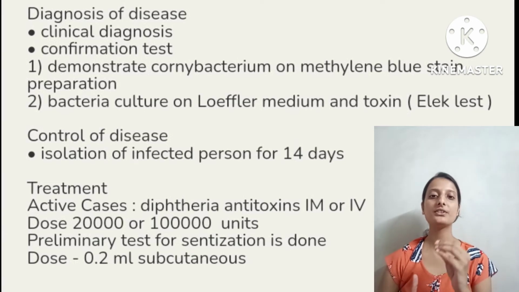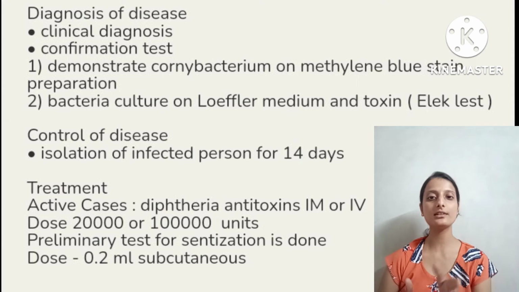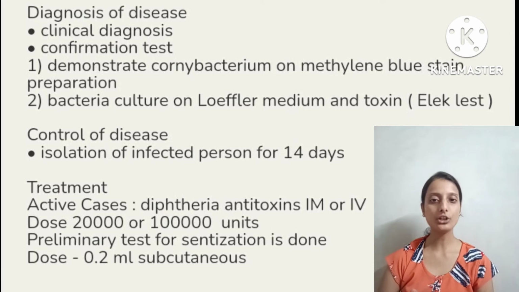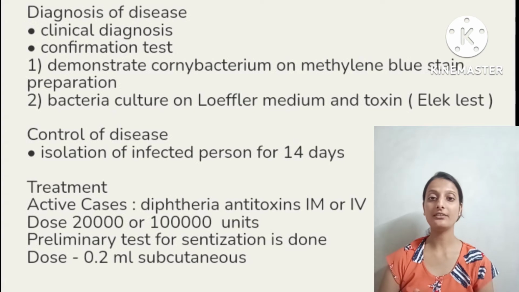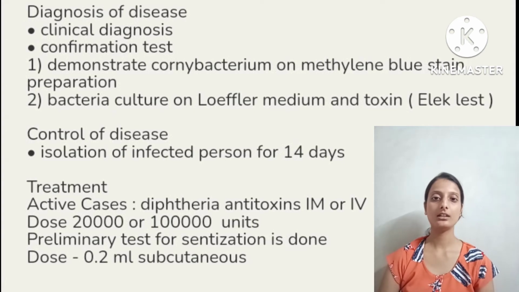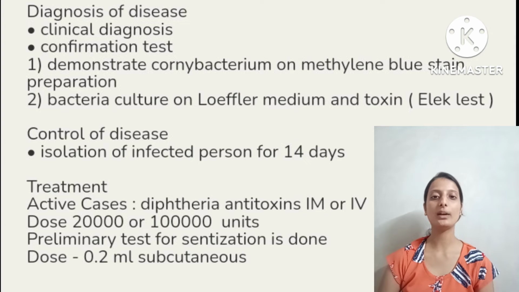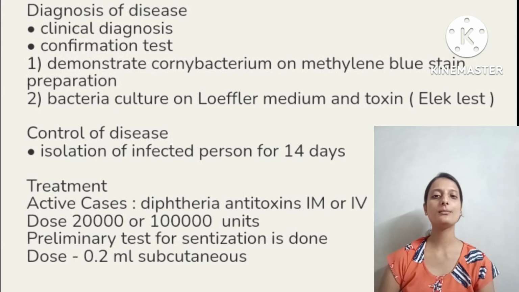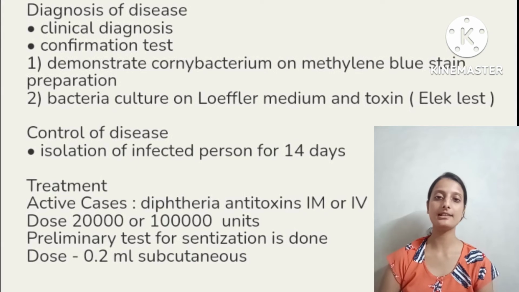After that, if the person is not sensitized to the diphtheria antitoxin, then the actual dose of diphtheria antitoxin is given, which is 20,000 to 1 lakh units. It is given intramuscularly or intravenously.